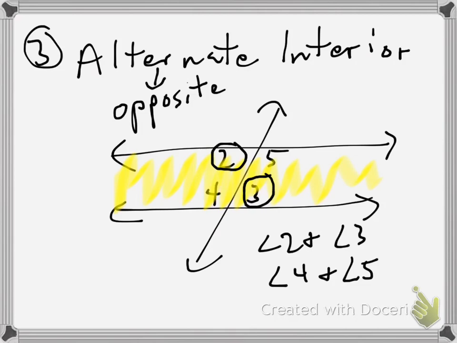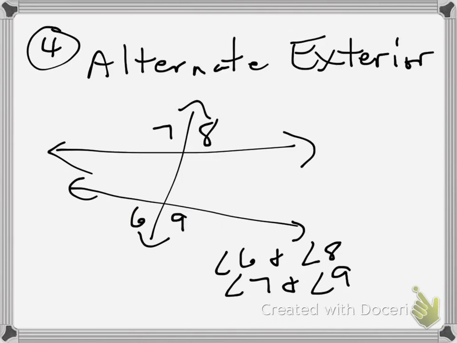So 2 and 3 would be considered alternate interior. Now you might say, well, what about linear pair? Well, linear pair, the 2 angles would be next to each other. In this case, angle 2 and angle 3, angle 2 is at the top here, angle 3 is at the bottom. 4 and 5 would also be considered a pair of alternate interior angles. So there's two pairs of those.